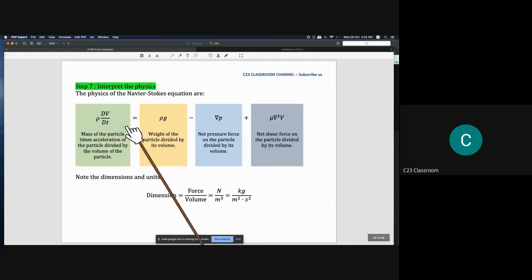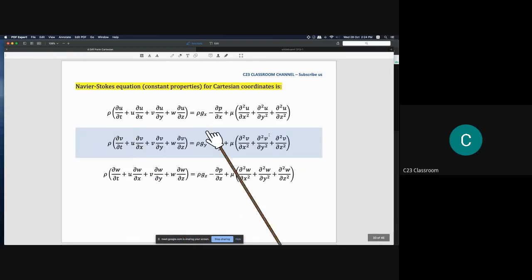That's why the simplified version is like this. But the most important thing is you need to understand it, remember it, and be capable of writing down the Navier-Stokes equation for this one. If you could remember one of these, you could use it to write the equation for the y-axis and z-axis.